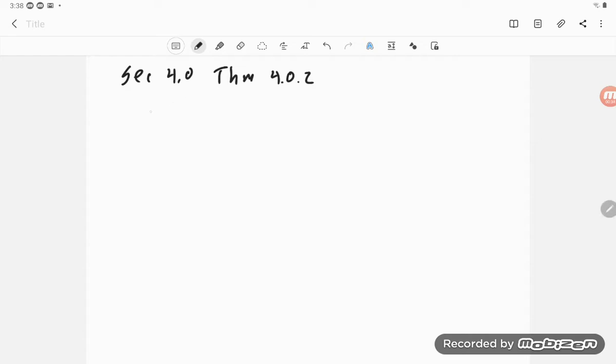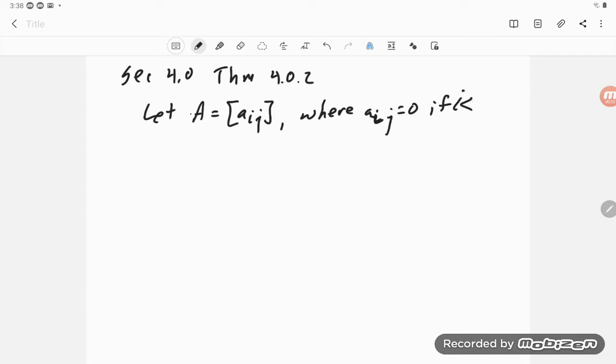So they say for this theorem, let A be the matrix made of these components Aij, where Aij is equal to 0 if i is less than j. Now, what is that?